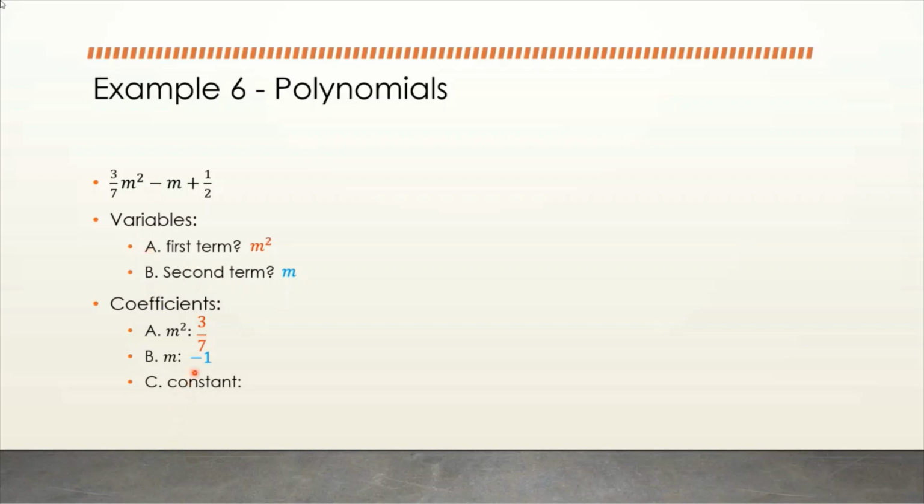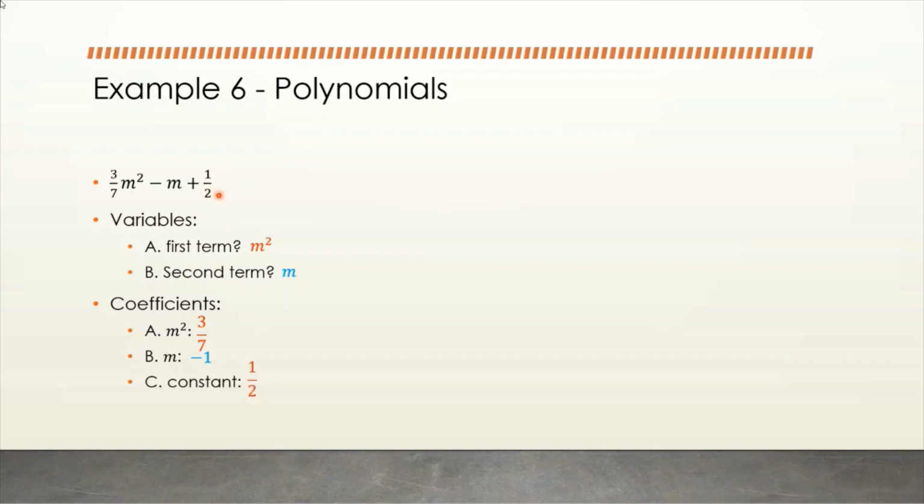If it's positive, you don't have to write it. Only when it's negative, or when it's a minus, take it as a negative. Now the constant is what doesn't have a variable attached to it, so that would be the 1/2.